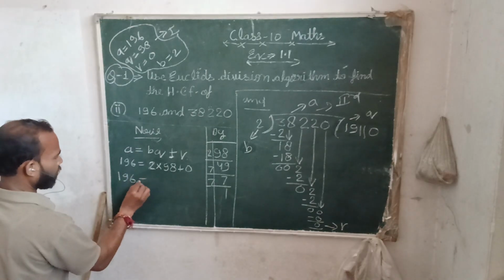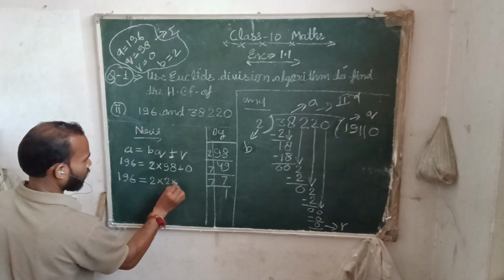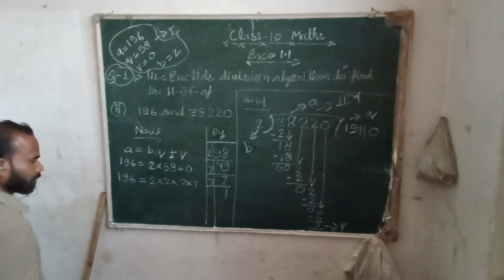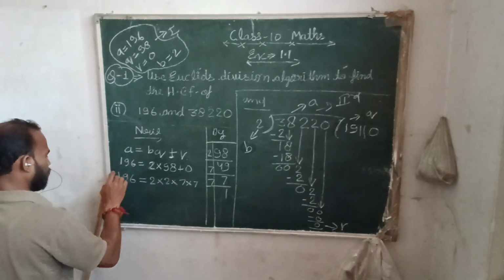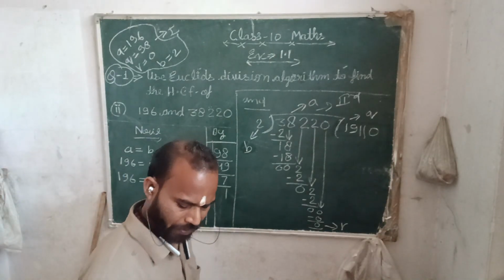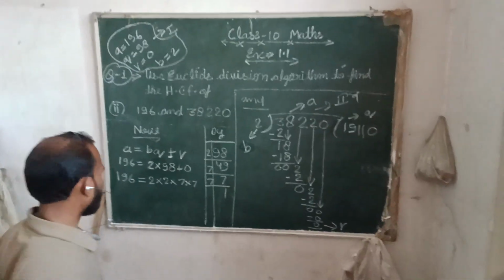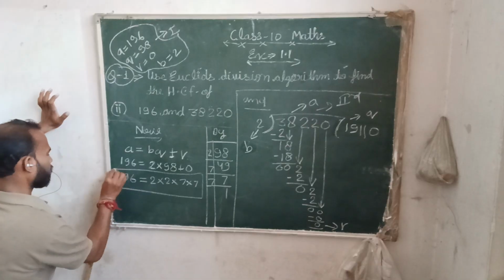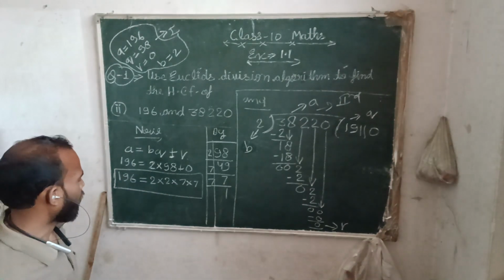So 196 equals 2 into the factors of 98, that is 2 into 7 into 7, plus 0. Okay, my dear student, the factors of 196 equal 2 into 2 into 7 into 7.